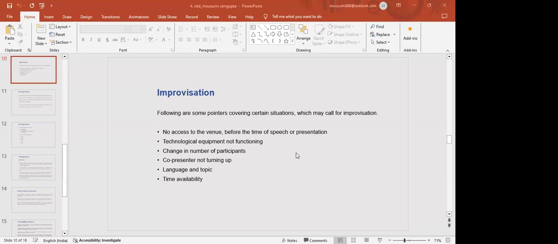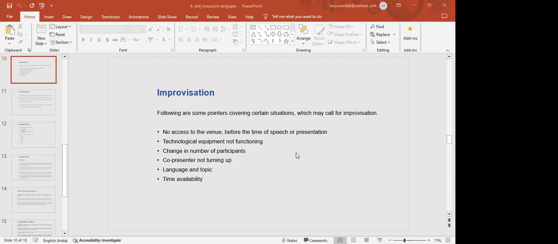Two things are going to be very, very useful in this case. One, we have a backup. Backup means if you're working in a consultancy or if you're working in a training division or department of a company, you always have one more trainer to back you up. So if your co-presenter or co-trainer does not turn up, in the morning, you can call this particular person and brief that person, and that backup can be useful for you.